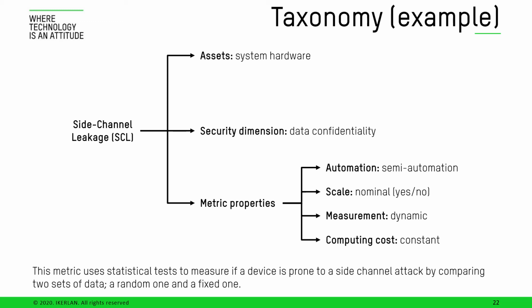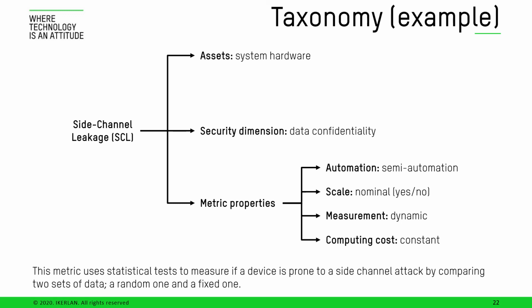So here in this slide, you can see an example of applying our taxonomy to the side channel leakage metric. This metric uses a statistical test to measure if a device is prone to a side channel attack by comparing two sets of data, a random one and a fixed one. So this metric is evaluating the hardware of our system.